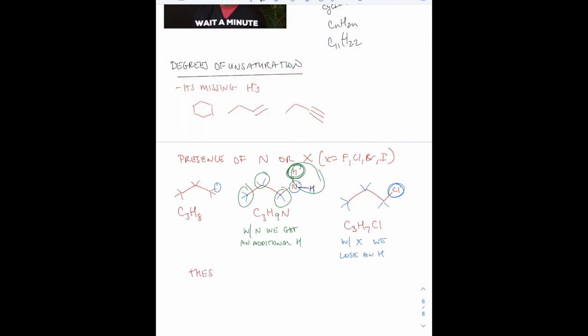But technically, when we have a nitrogen or an X atom, these compounds are not unsaturated. However, they can be deceiving and almost make us believe that they are unsaturated, because if we weren't careful, we would count, okay, well, this doesn't have the proper number of hydrogens, and if it doesn't have all the hydrogens it could possibly have, then it must be unsaturated, right?